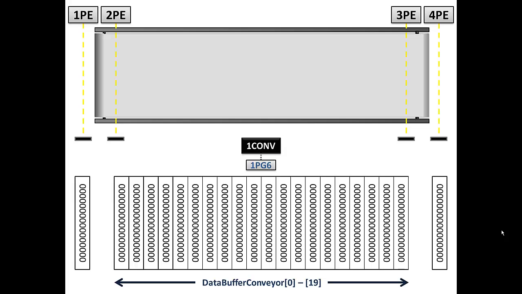Another thing we've done here is create an array called data buffer conveyor of 20 double integers, 0 through 19, and we're illustrating those as a virtual conveyor. If you look below the conveyor, you'll see some vertical register values. They're all zeros right now.